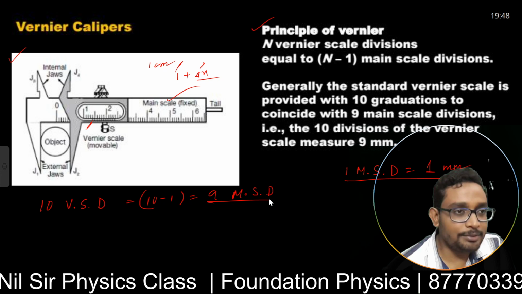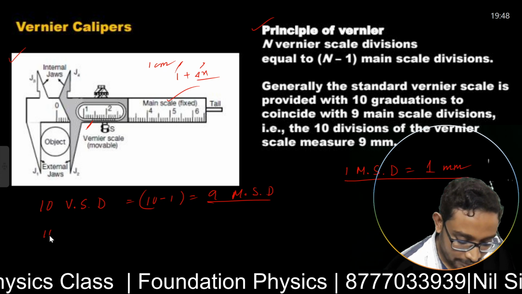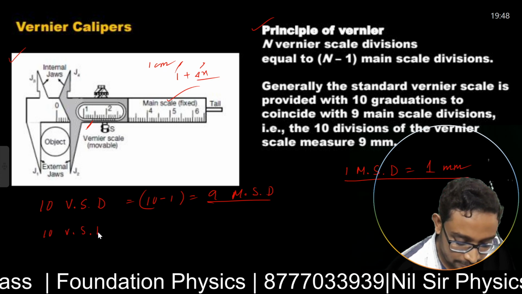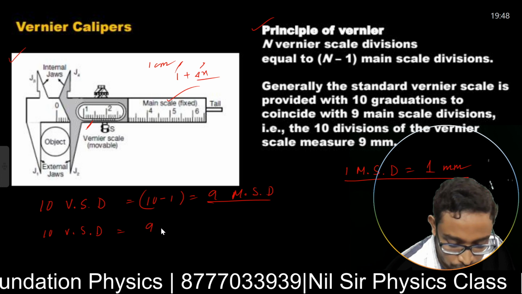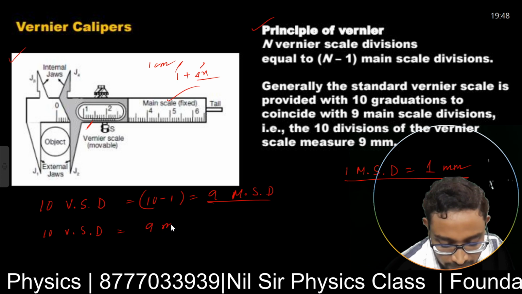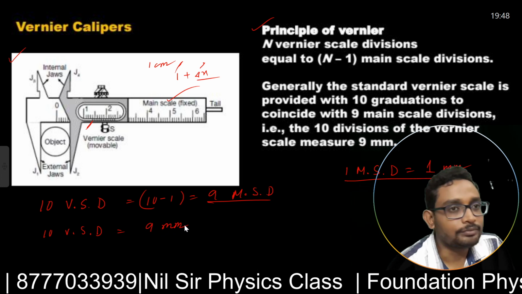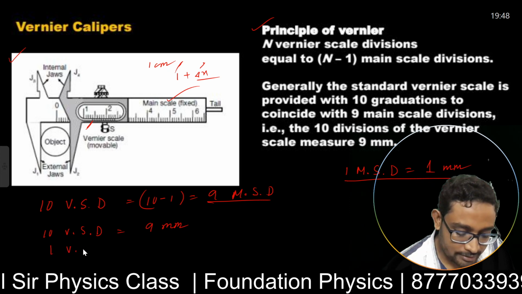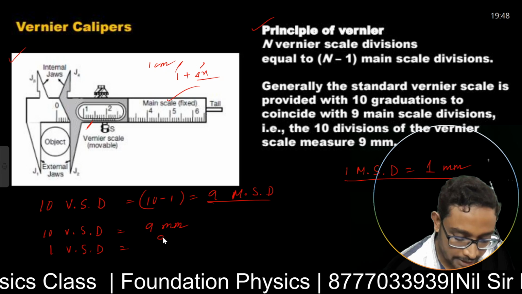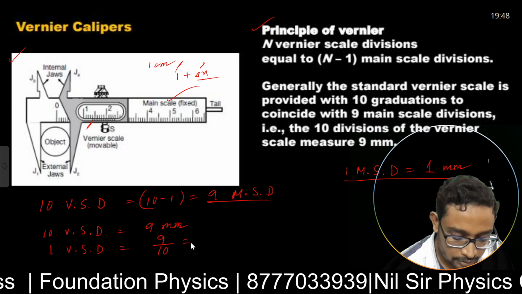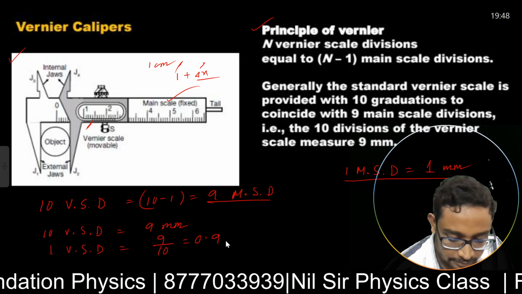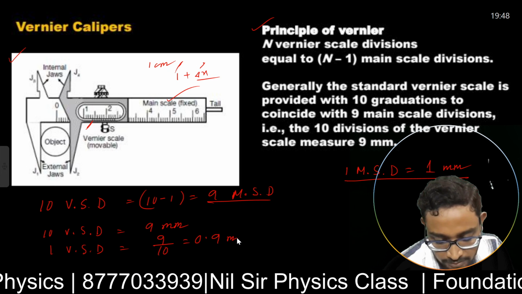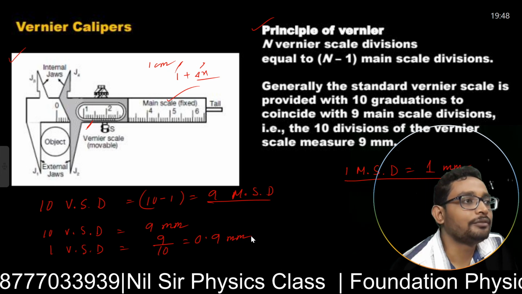10 vernier scale division is equal to 9 millimeter. Can we write 1 vernier scale division as 9 by 10? Write it.